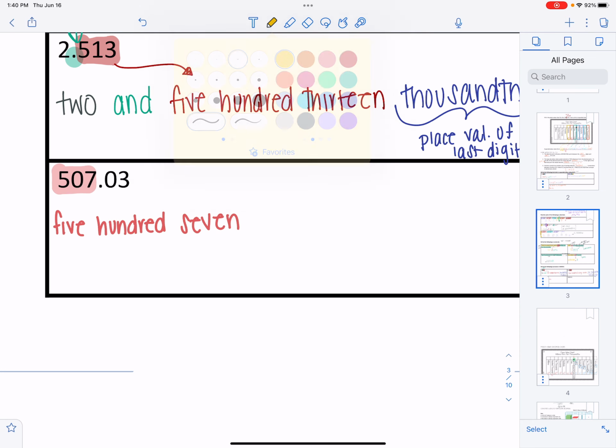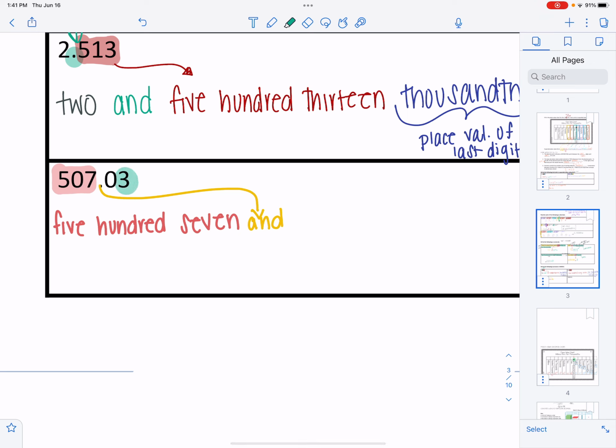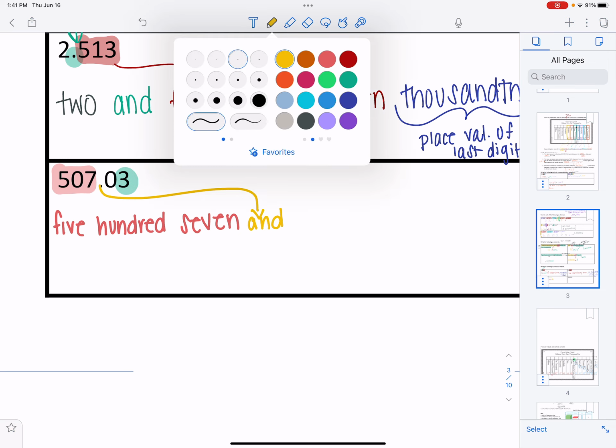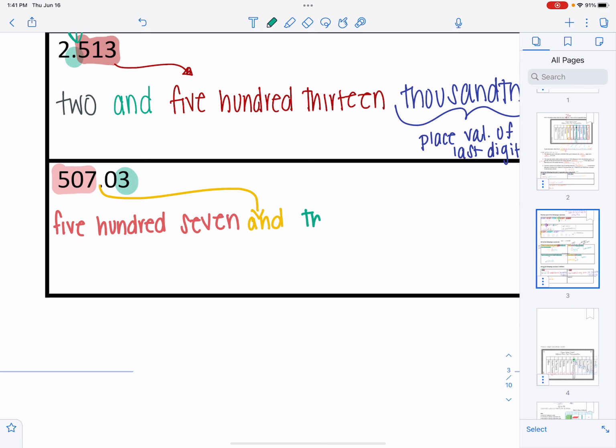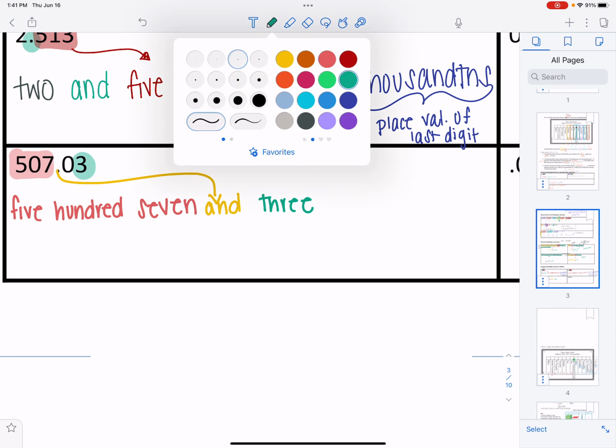Decimal place, oops, means and. And then 0.03. Well, the number itself is 3. And so I'm going to write the number 3. And then that very last word is going to be the place value of the last digit.